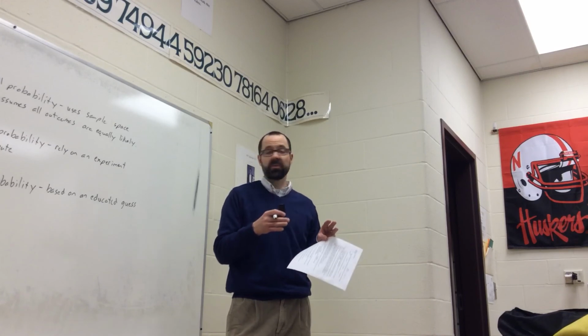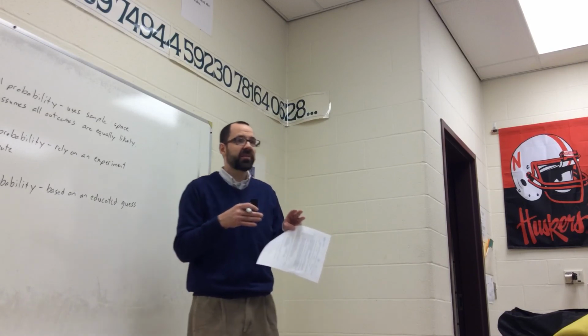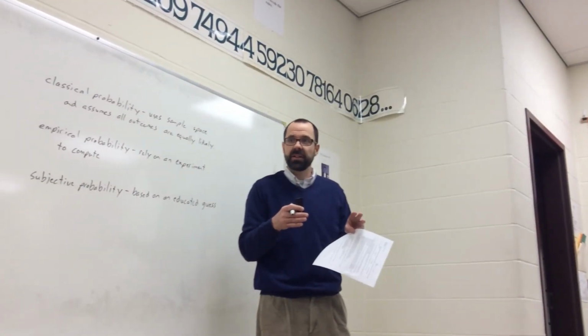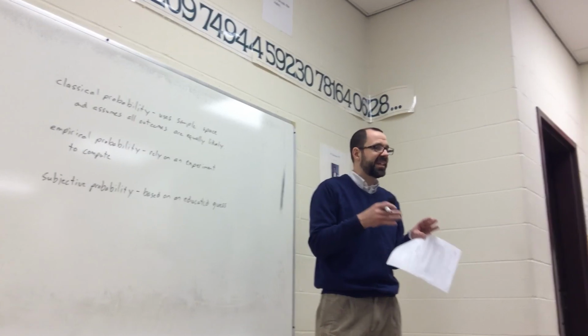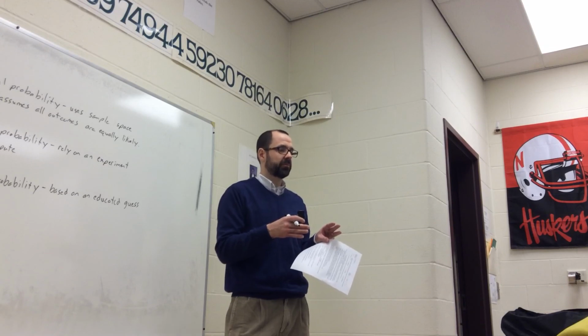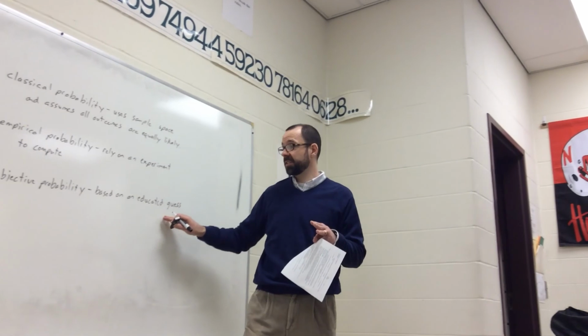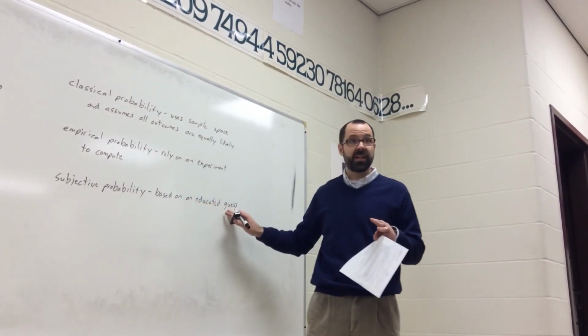So that's subjective probability. So they've got some knowledge, they have some data, but they've never seen this event for sure before. So they can't be sure. So they're making some good guesses. It's an educated guess, but it's a guess anyway.